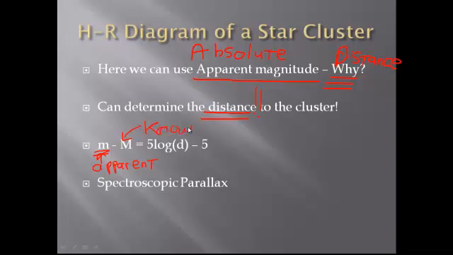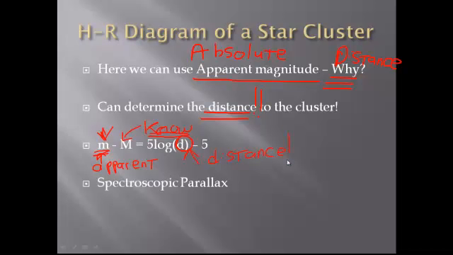Again, that's a hard one. We do have to figure out how to get that. That's a little bit harder. But if we can measure the apparent, that's easy, and we can get the absolute, then we can solve this little equation and we can get the distance. So we can immediately get the distance to this cluster. Again, something very, very important.